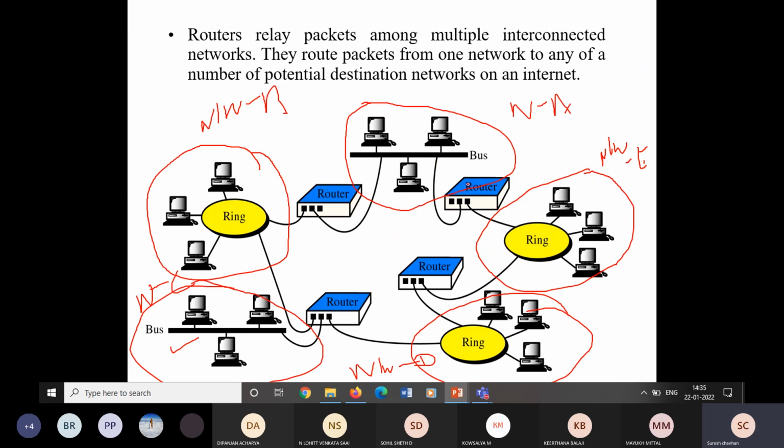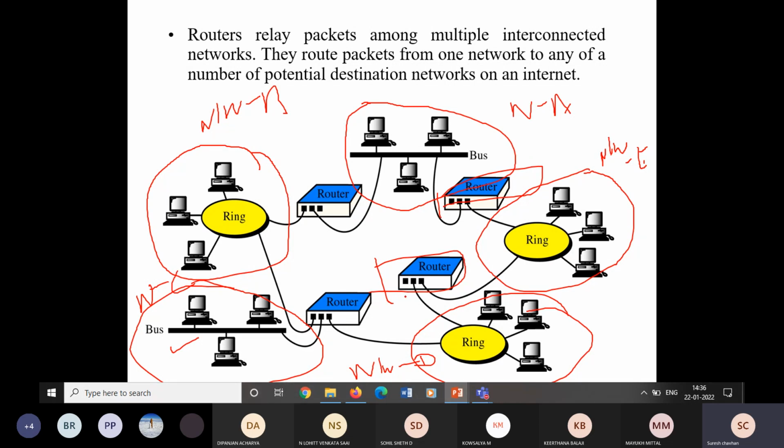In order to make the communication link or connection establishment, that will happen only through the router. Here also a router is there. So this can communicate with this only through this router, and network D wants to communicate with network C. This will happen only through this router, and this to this router, and this to this router, right?